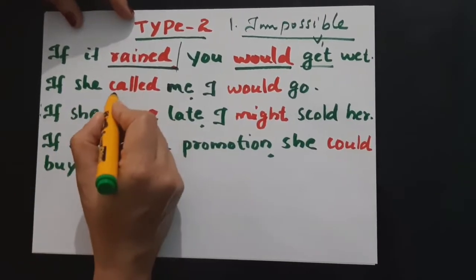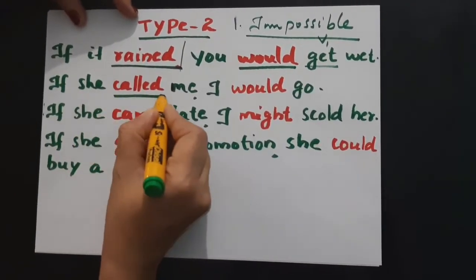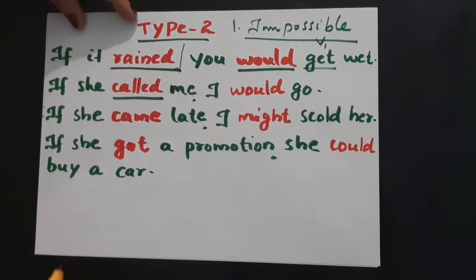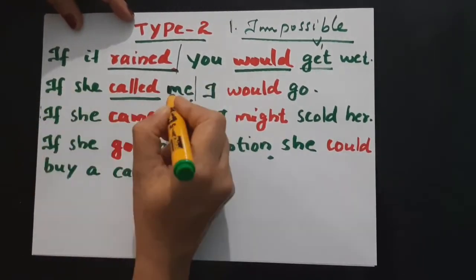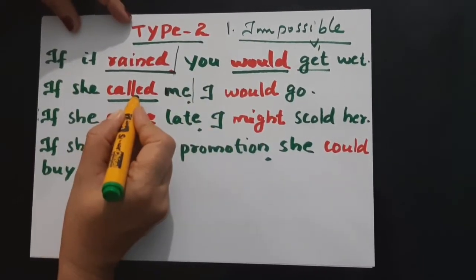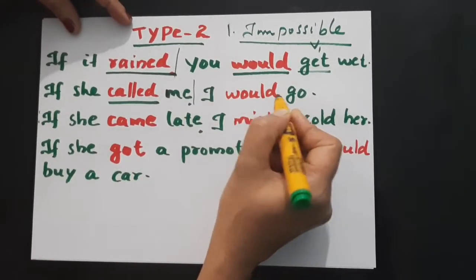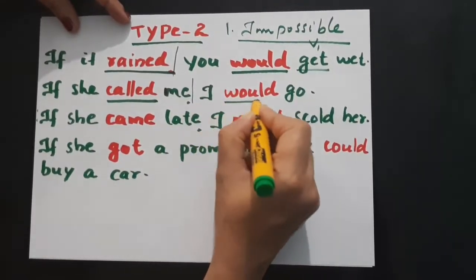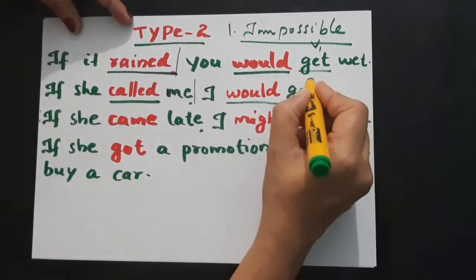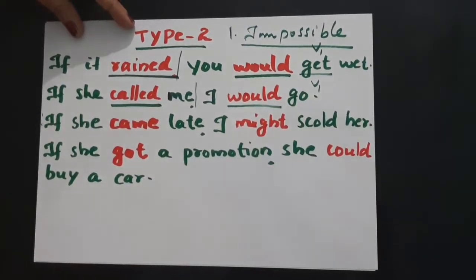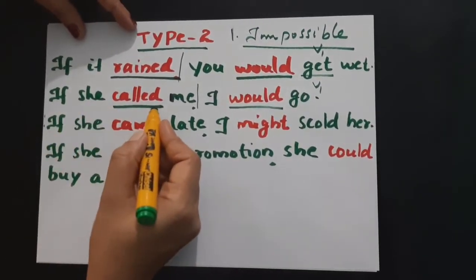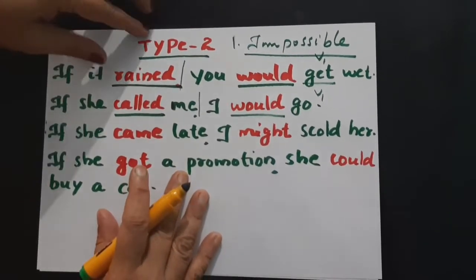If she called me, verb in the past tense. If clause, verb in the past tense, and this is the result clause following the subject. You have would plus V1. Okay, if she called me, I would go.